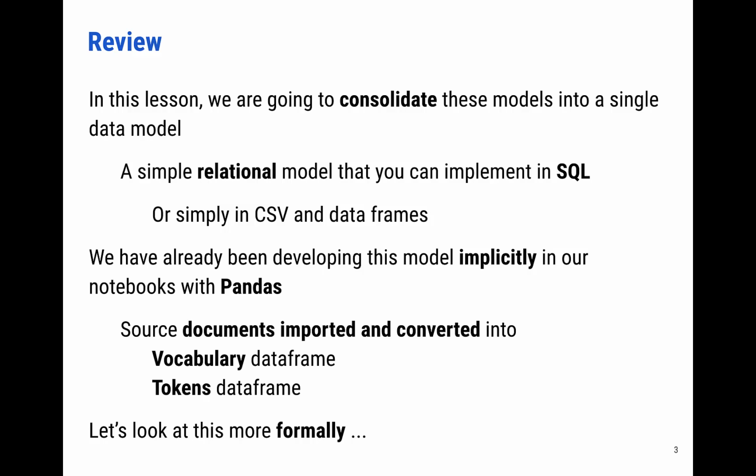We're going to simply understand the model abstractly and implement it in CSV and data frames. We've already been developing this model implicitly in our notebooks with pandas. We've got documents that we've been importing and converting, say from Project Gutenberg, and we've created vocabulary data frames and token data frames. And these three things constitute a rudimentary data model.